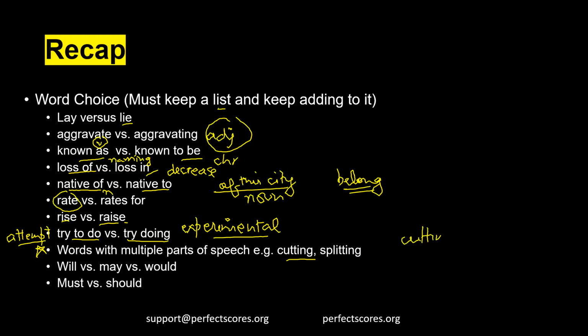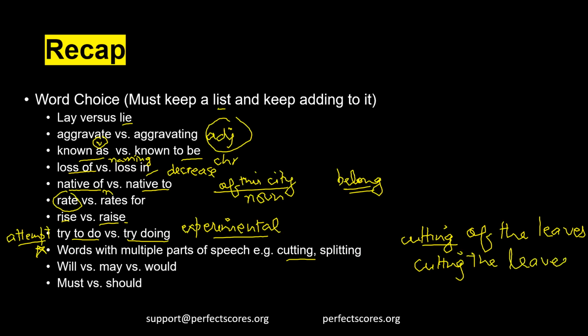So if the sentence says the cutting off the leaves, now this is being used as a noun. But when you simply say cutting the leaves, now in this case, it becomes a verb. So it's very important to read each and every word of this option so that you don't miss the off. And this is a common mistake that students again do. They miss certain words, which is something you need to avoid.